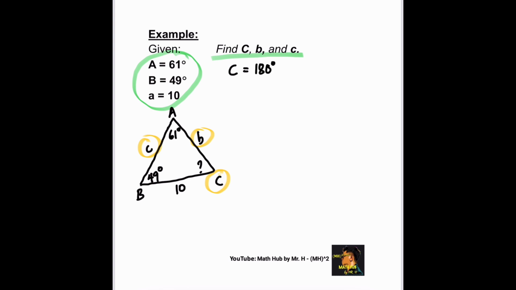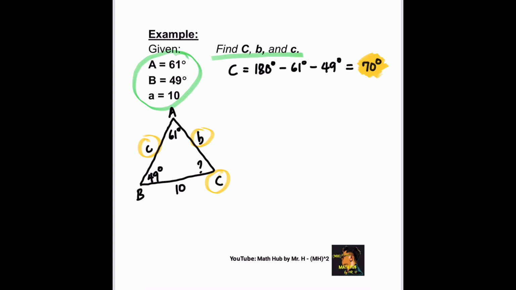Since we were given two measurements, that's going to be 180 minus 61 degrees minus 49 degrees, and the measure of angle C is 70 degrees.